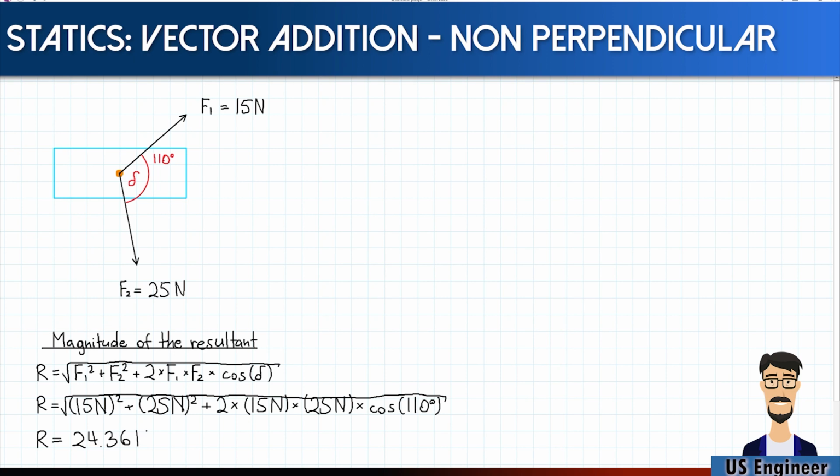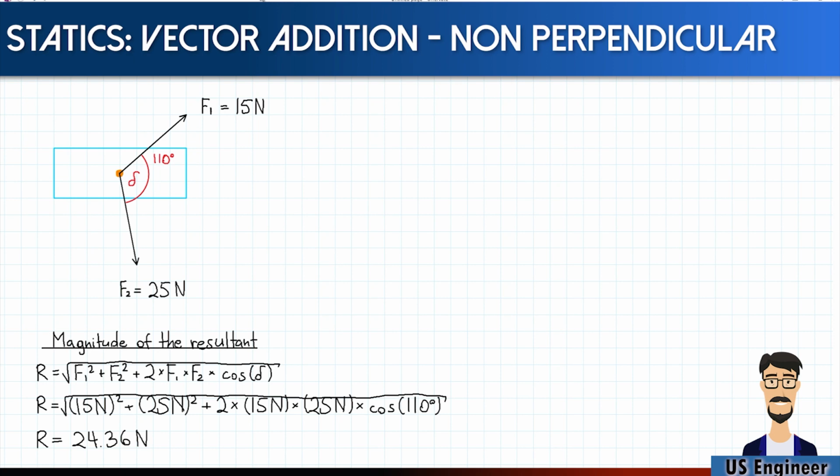So that's the way you compute the magnitude of the resultant if the angle between the forces is between the origins of these two forces. So you see, this orange dot is the common point of application, and the angle between the origins of these two forces is 110 degrees.